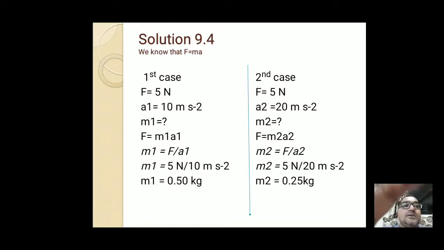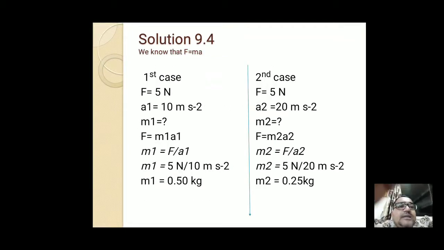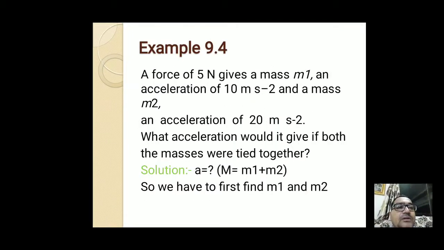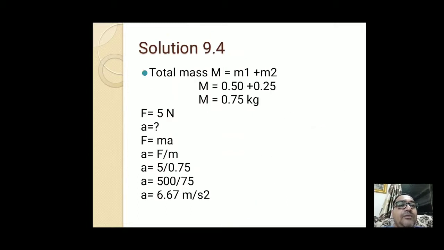Now students, you can see the question here. It is asked in the last two lines, what acceleration would it give if both the masses were tied together? Here we have calculated the two masses m1 and m2, and we have to add them. First we find the total mass capital M equal to m1 plus m2.